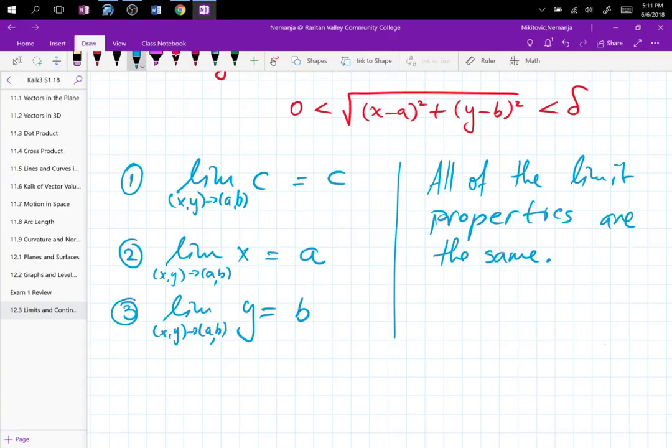Constant multiple, and then the power and the fractional power. So everything that we learned in Calculus 1, all of the properties are the same for Calc 3. No difference in any of them.